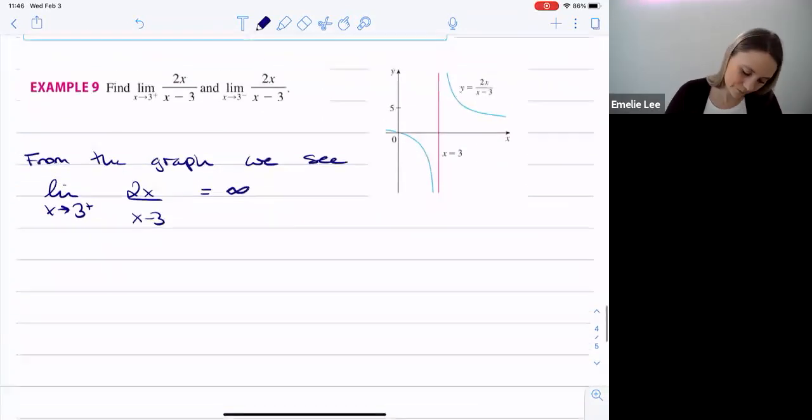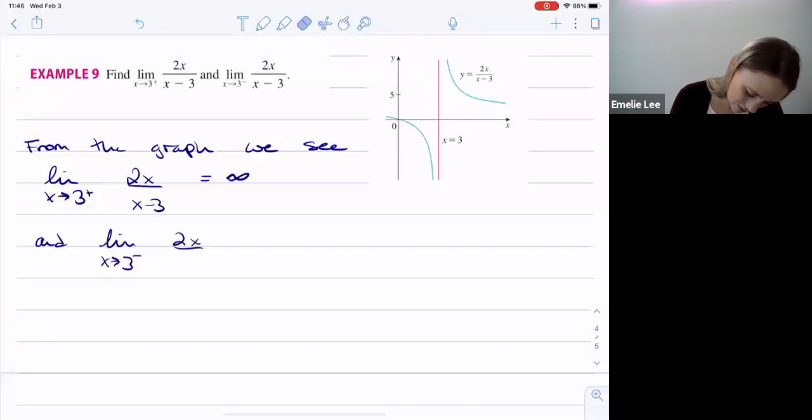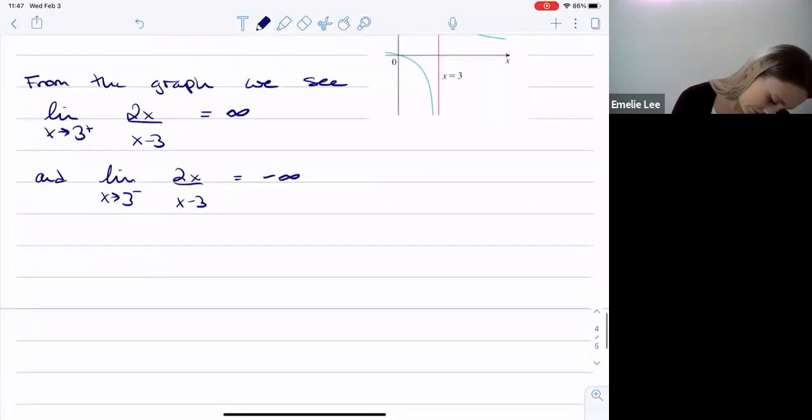Right? And the limit as x approaches 3 from the left of 2x over x minus 3 is negative infinity. Okay.